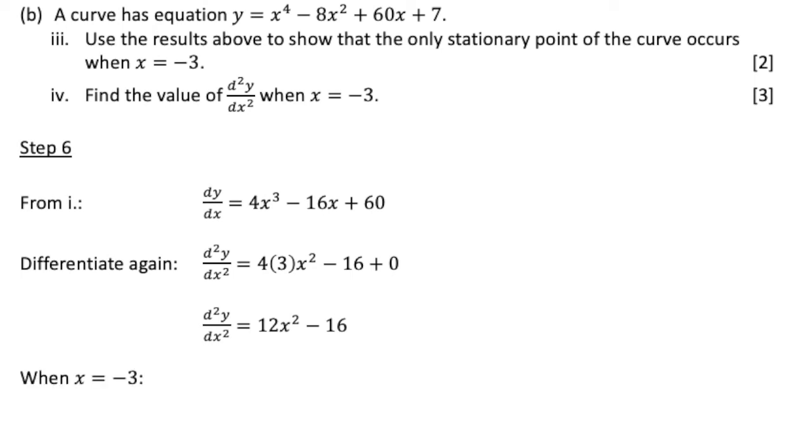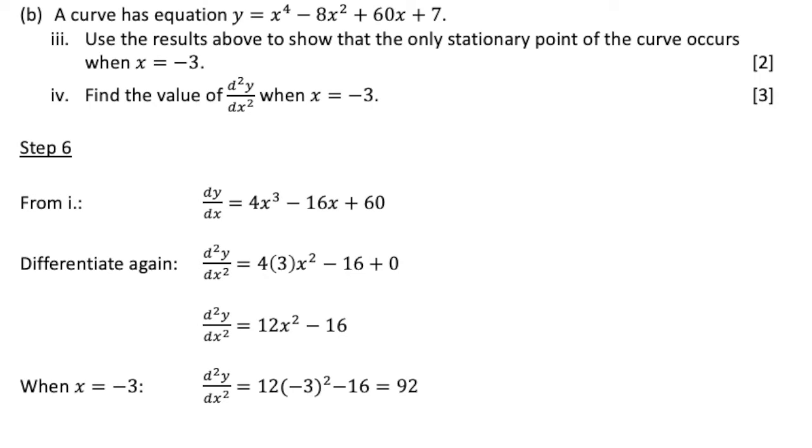I need to substitute x equals negative 3 into this expression for the second derivative. So as usual, using brackets, that would give me that. This time I won't insult your intelligence by going through it step by step. I'll just type it into my calculator and I get 92.